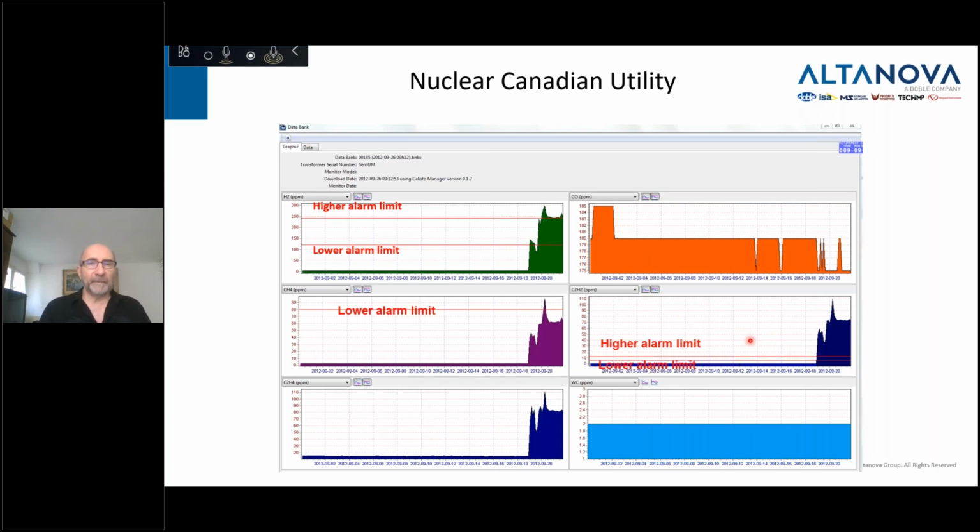So again, especially if you have a critical transformer, like in a nuclear plant, the accuracy and the response time of any kind of system you put on those transformers is absolutely important, to be able to make the right decision in a timely manner.